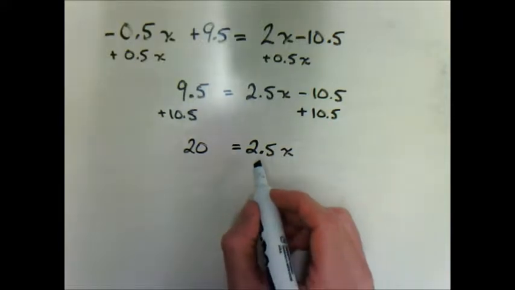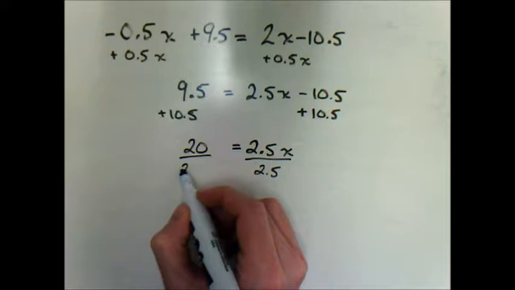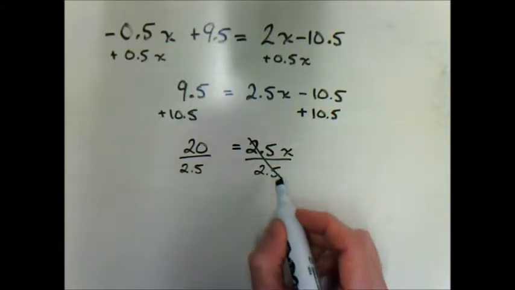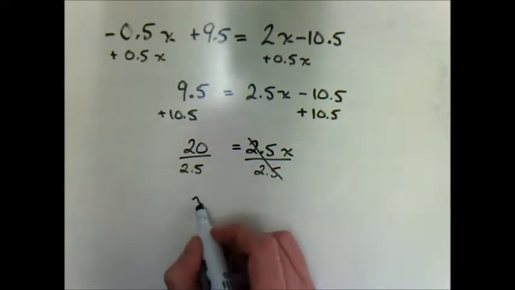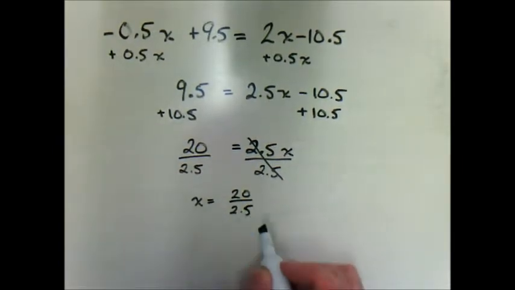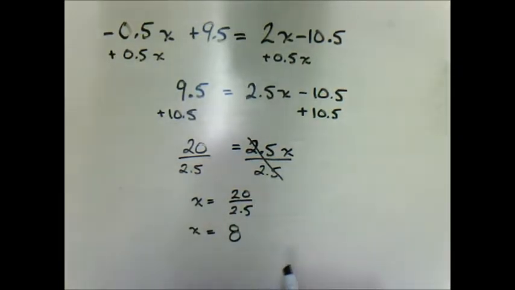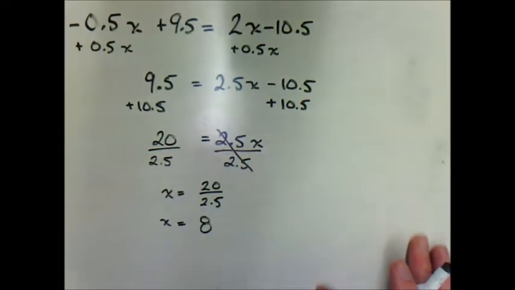Good. We're going to divide both sides by 2.5 to isolate the x, to get x by itself. These guys cancel out, leaving us with x equals 20 over 2.5. You can put that in your calculator. You will get x equals 8.